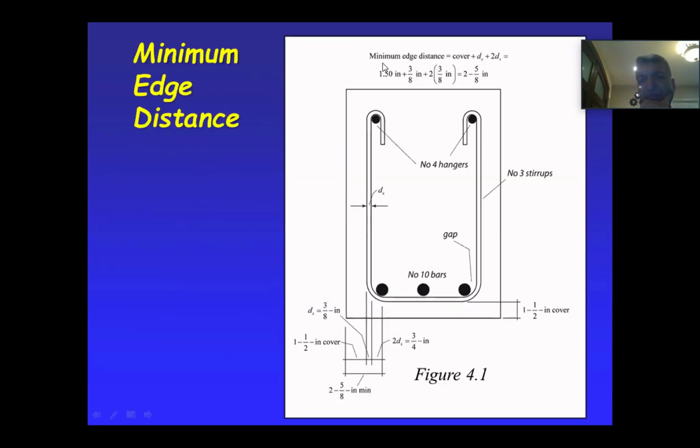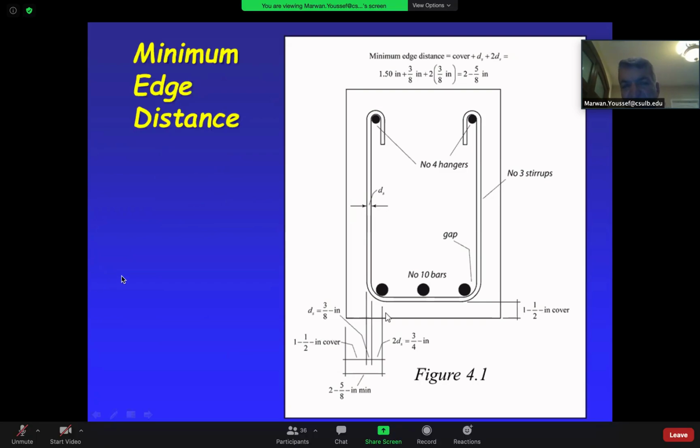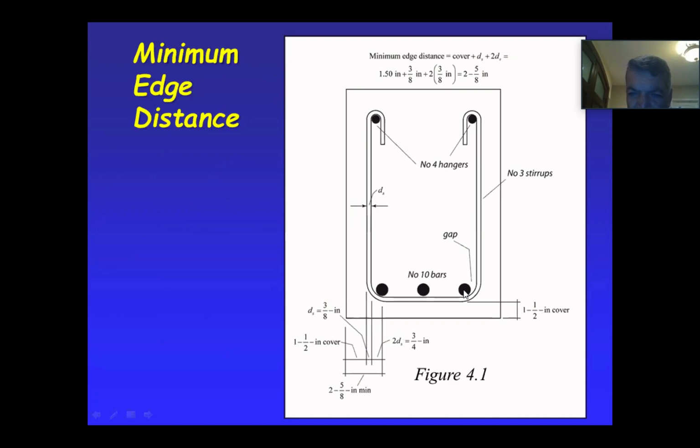So there's the beam. I left it there on purpose. So let's define the cover. I've been saying at the beginning from center line to the bottom. The cover is actually really from the edge. So let me explain this. So there's your bars, 3 number 10 bars. There's the stirrups that's going to resist the shear. The diameter of the stirrup is most of the time 3/8, it's number 3. This DS is 3/8.